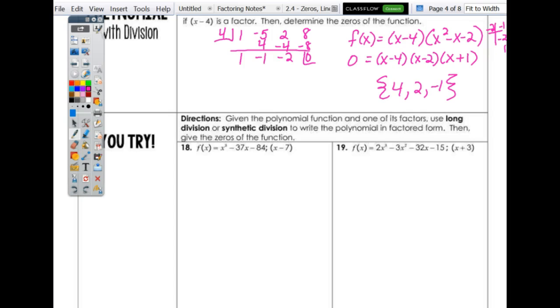So I want to do the same thing here. So I'm going to divide out the negative 3 and see if what's left over factors. So I'm going to have 2, negative 3, negative 32.